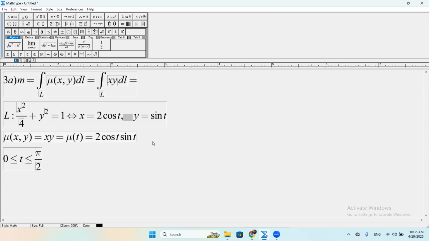And what about dl, of course? Let's not forget it. So dl will be equal to the square root of 4 sine square of t plus cosine square of t dt.